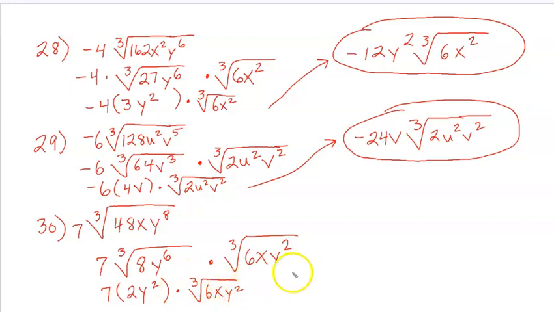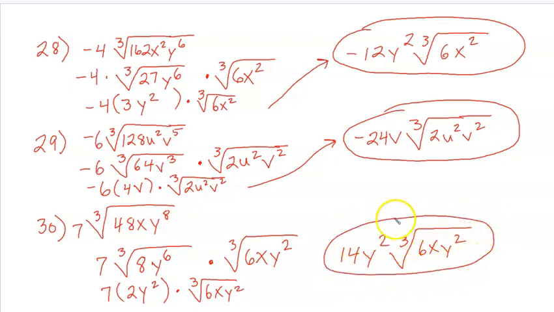All right, and then to finish our answer off, I'm just going to multiply these together. That's 14y squared times the cube root of 6xy squared. And that is your answer for number 30.